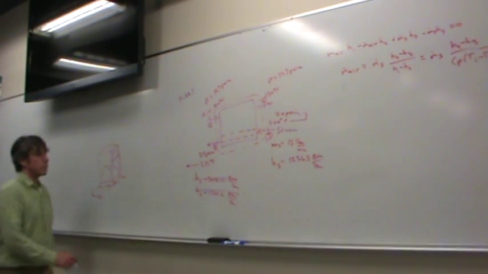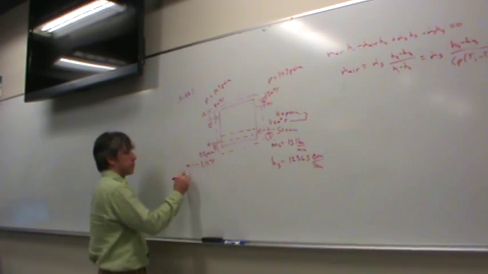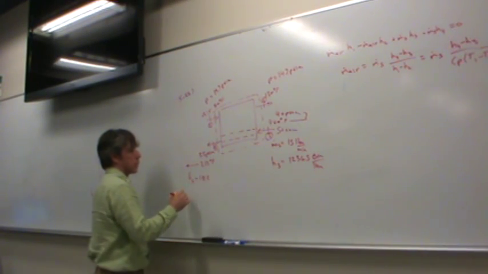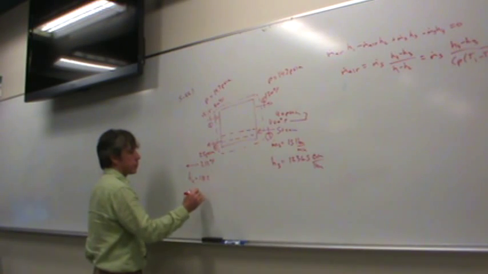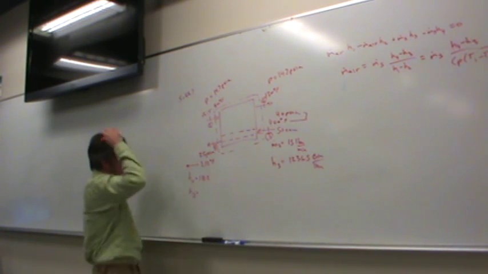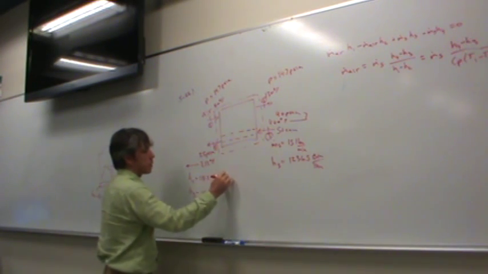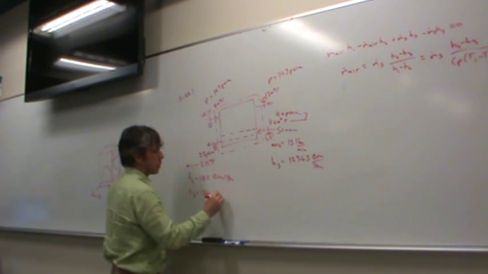181.2. And what's that, HF? Yes, saturated liquid. And how about HG? 1150.7. Both of these are BTUs per pound mass. That's not what I got.